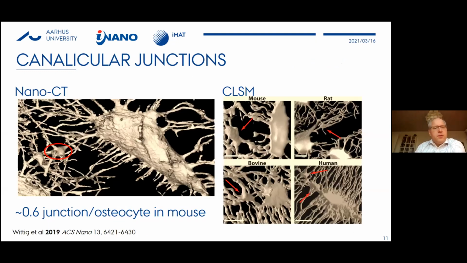So we looked more carefully at these, and we saw that they occur in places where several canaliculi cross, as you can see in the image on the left. This would suggest that there are sort of crossings in this canalicular network. So we label these features junctions, canalicular junctions.